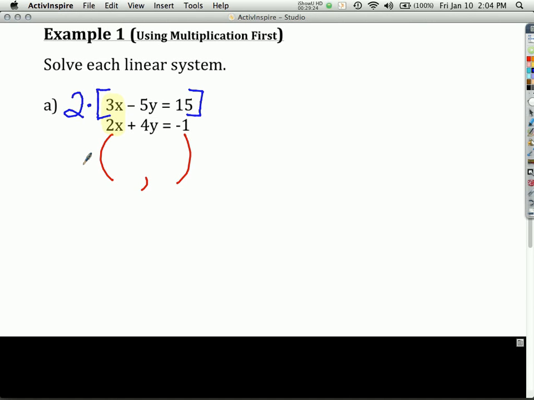Tristan? 6x. Very good. So I'm going to rewrite the whole thing over here: 6x minus 10y equals 30.